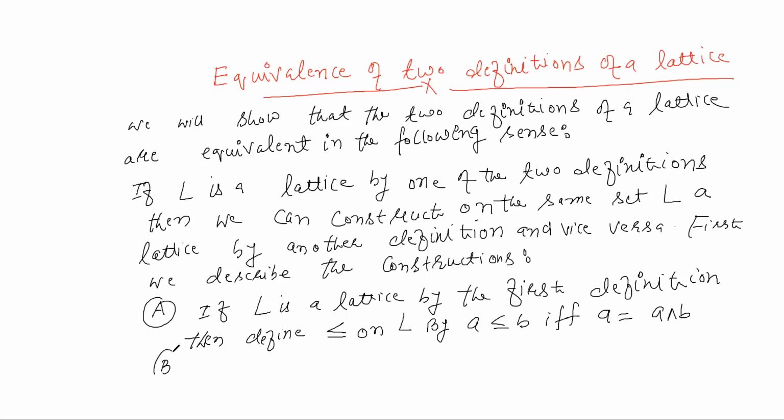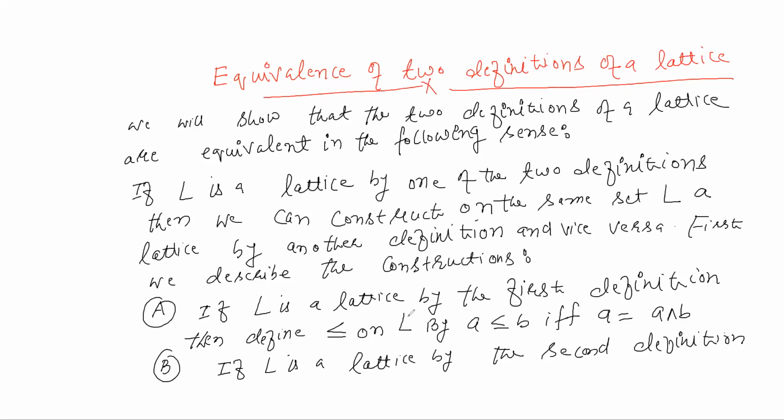Then B: if L is a lattice by the second definition, it is a poset such that any pair of elements has supremum and infimum.